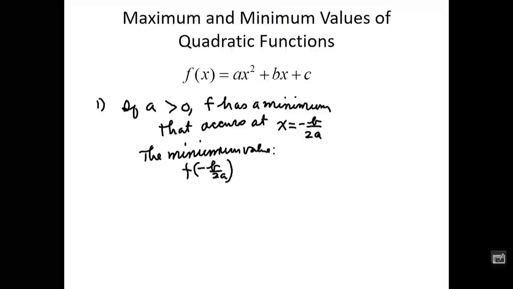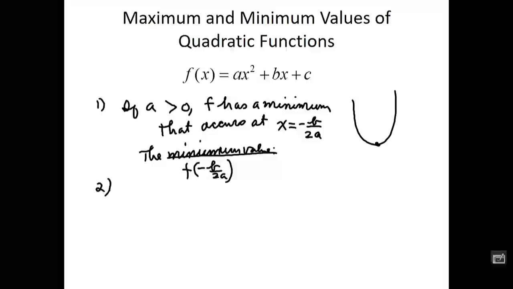So this is the minimum value, and this is where it occurs. All right, just to remind you, if a is greater than 0, the parabola opens upward, so you'd expect that vertex to represent a minimum.